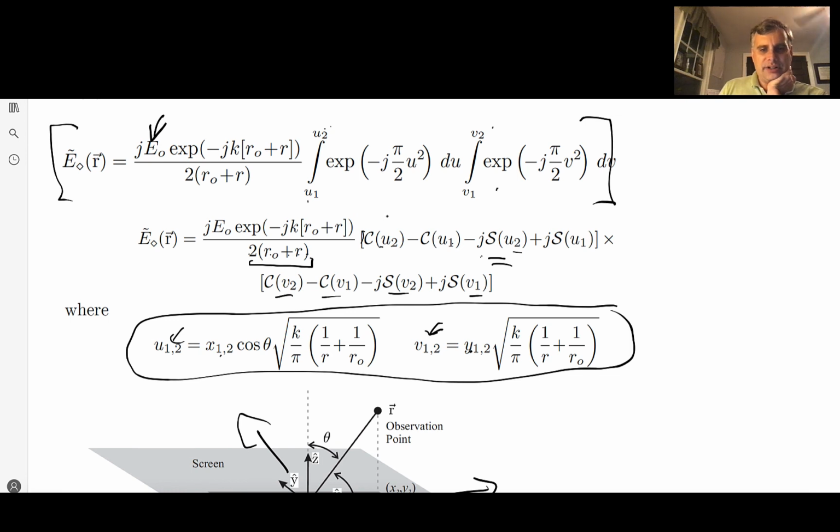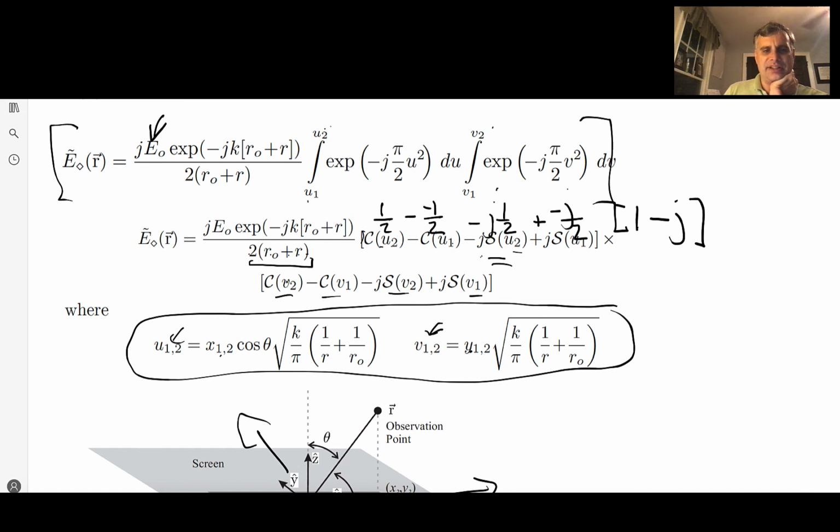And whenever these functions get stretched to the limit, I get a 1/2 minus a minus 1/2, minus j times 1/2 plus a minus j 1/2. So if I evaluate that, that is 1 minus j.